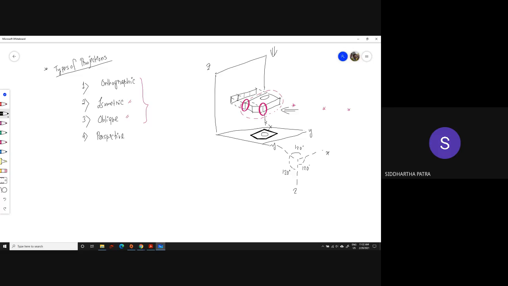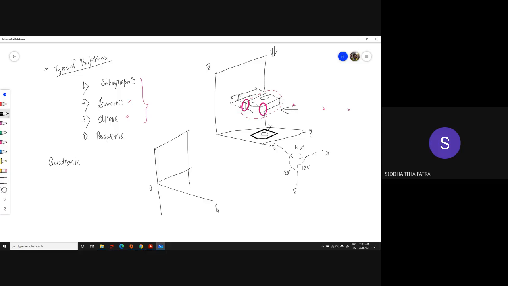Even in the orthographic projection, there could be different angles or different quadrants. For example, with the help of, let's say, the x and z axes. If this is x, this is y.